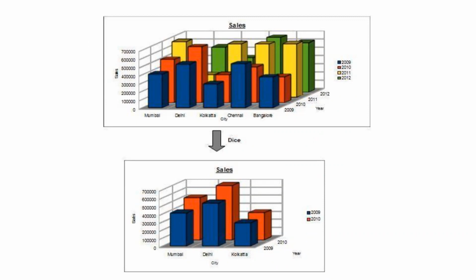Then we see it this way: Mumbai, Delhi, Kolkata. We have also chosen those three cities and two years, and the graph will show in this way. If we choose multiple dimensions with some filters, that is called dice. Slice means one single dimension, and dice is multiple dimensions.